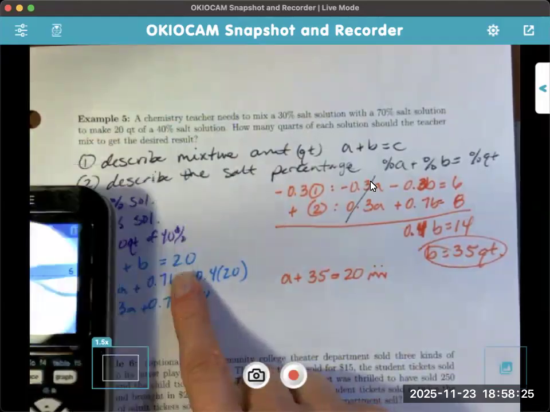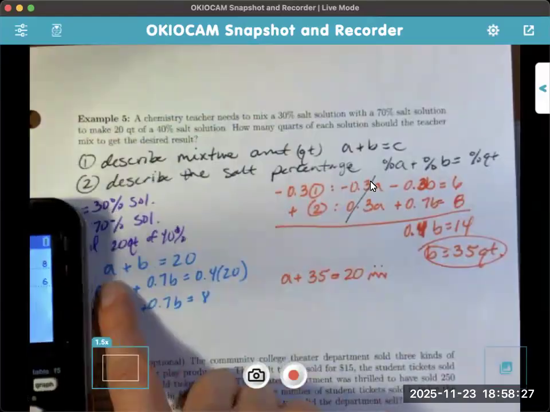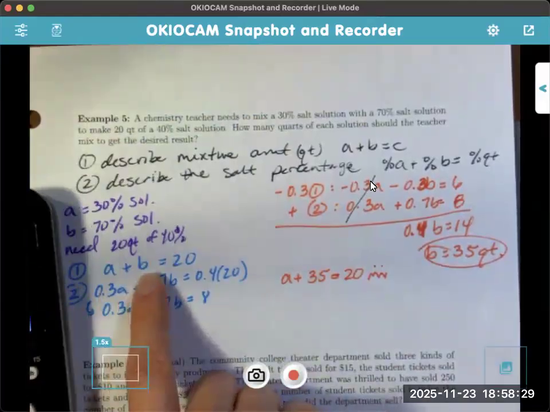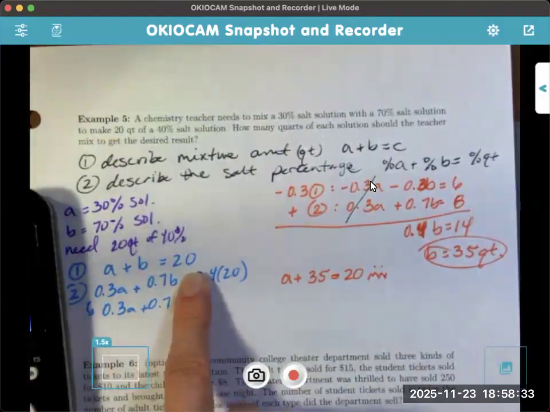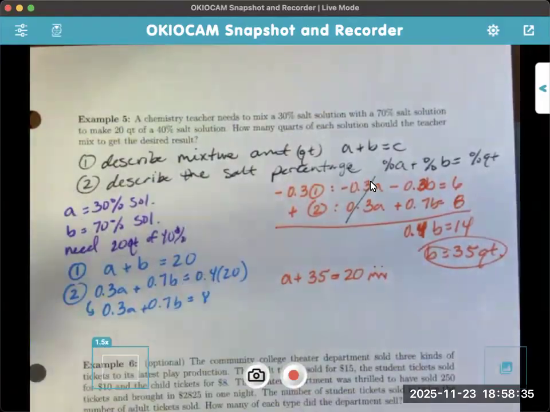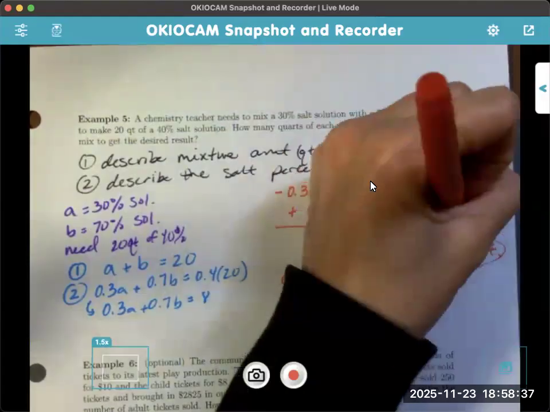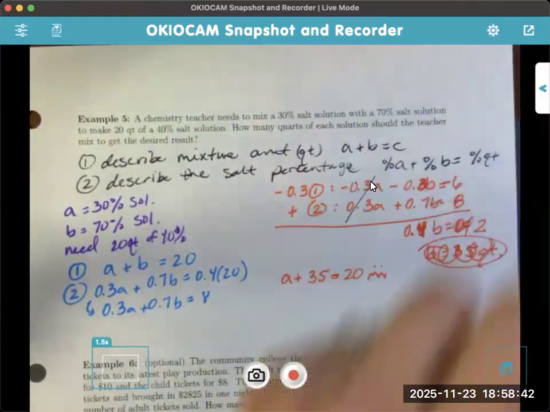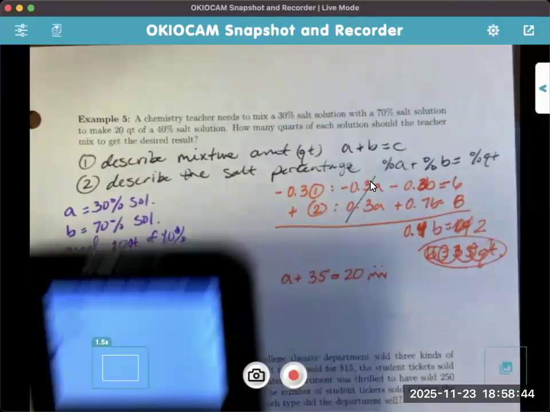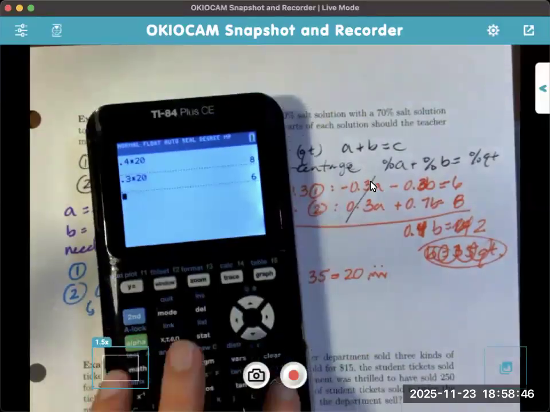Is the 6 negative 0.3, negative 0.3 times 20? Oh, that's what it is. Negative. Again, I'm sure y'all were screaming at me. Forgive me. So that's a 2. That's a 2. There we go. So here we go.